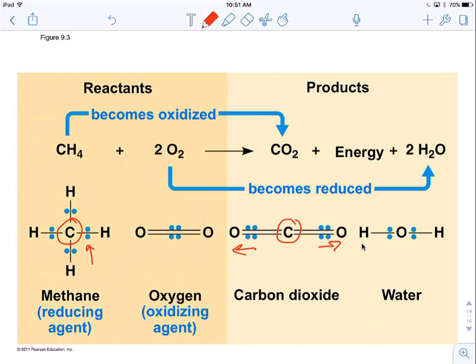So carbon, because it's not sharing them equally anymore, is in a sense losing the electrons. So it is becoming oxidized, okay? And so that means methane is a reducing agent.